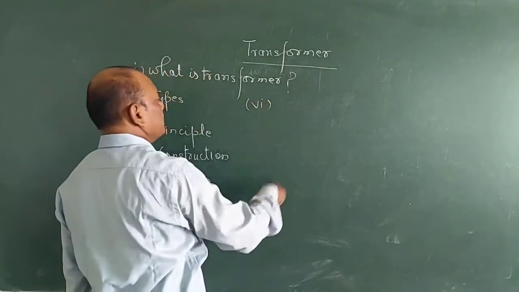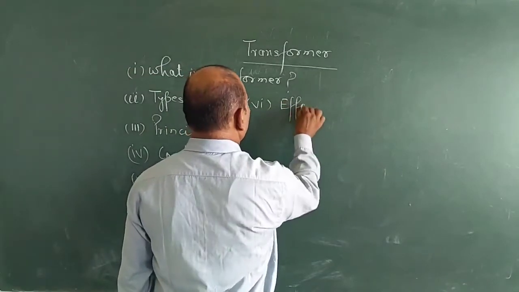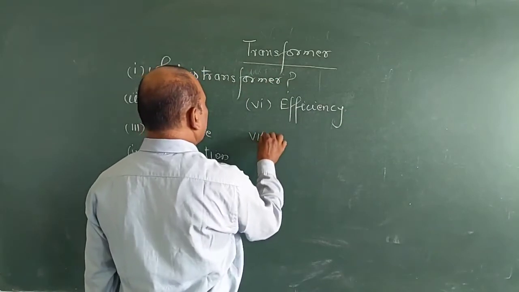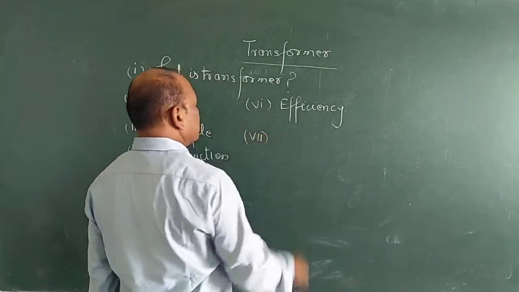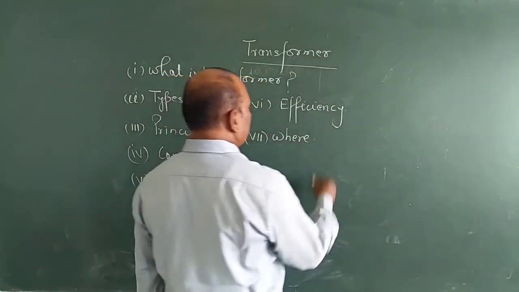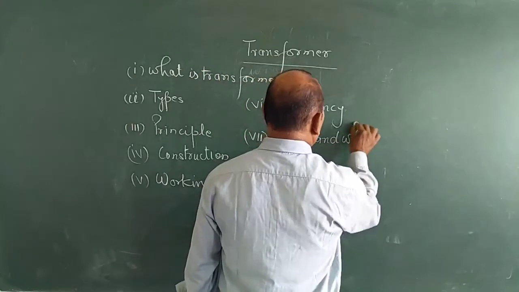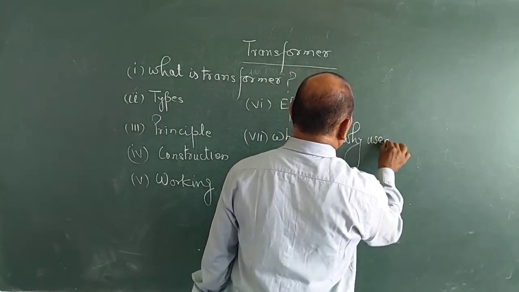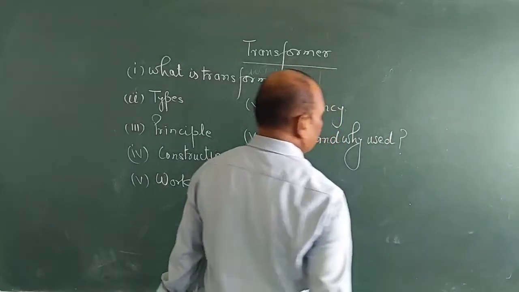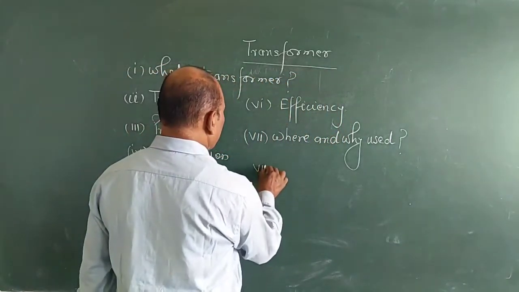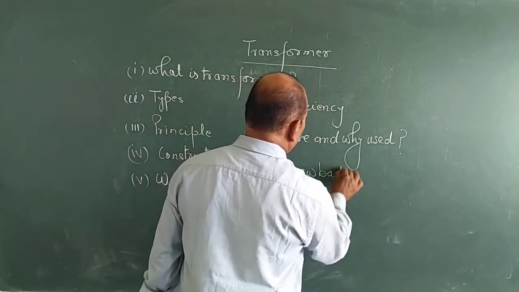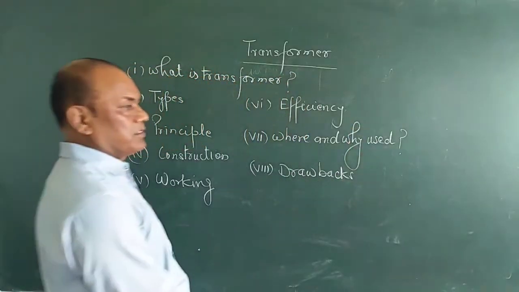Sixth point, efficiency. And seventh point, where and why used. Next, drawbacks.